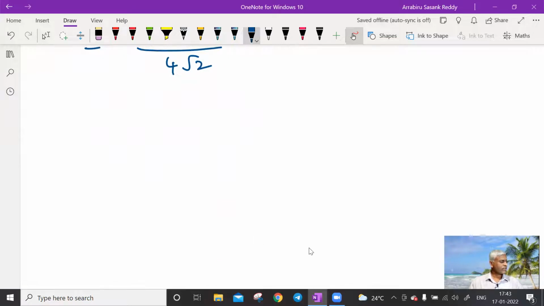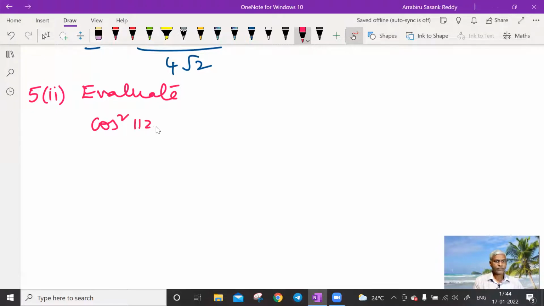Next, let us do one more problem. The same question, fifth, second bit. Evaluate cos square 112 and a half minus sin square 52 and a half.